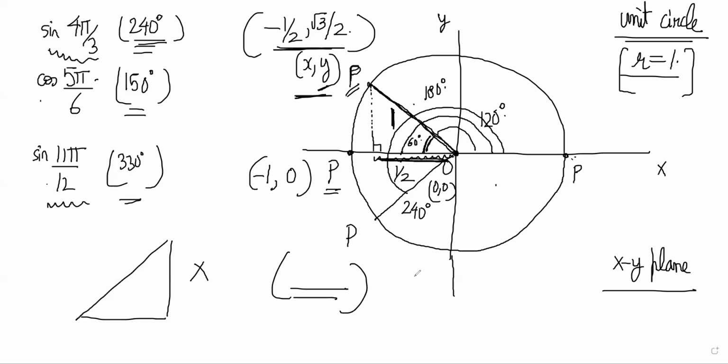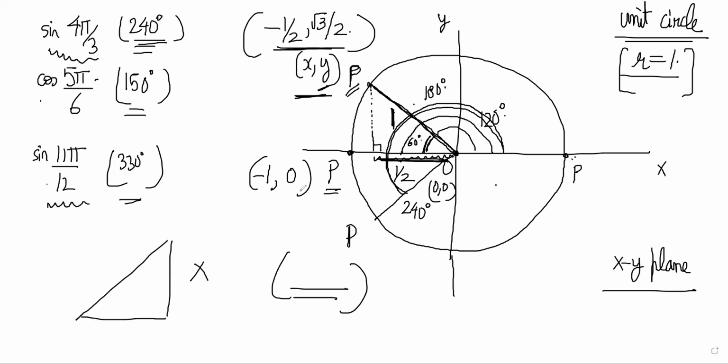From the 270, we will find 30 degrees. No matter how you want to find it, it's up to you. But I just need the x and y coordinates of this point when the angle from this side is 240 degrees.